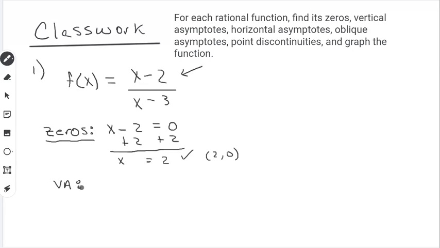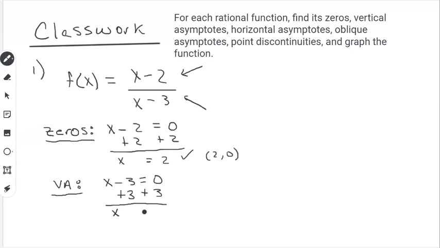Okay, so now let's find the vertical asymptote. Remember, the vertical asymptote is found when we set the bottom equal to 0. So let's do that. I'm going to set the bottom equal to 0 and solve for x. So I get x minus 3 is equal to 0. I can get rid of that negative 3 by adding 3 to both sides.